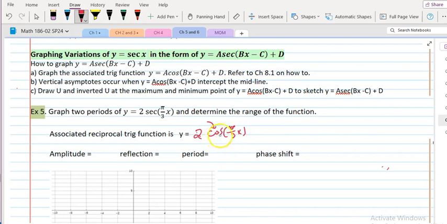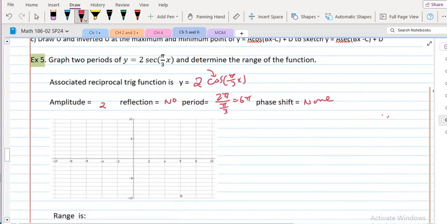So everybody, after 6.1, you should know how to do 2 cosine pi over 3 x. The amplitude is 2. Reflection is no. Period is 2 pi over 3 pi over... which is 6, because pi and pi cancel. Phase shift is none because there's no c. So 2, 4, 6.